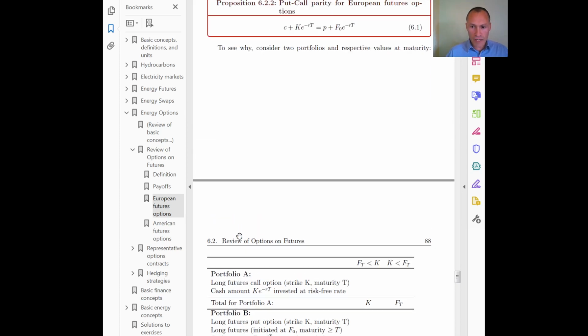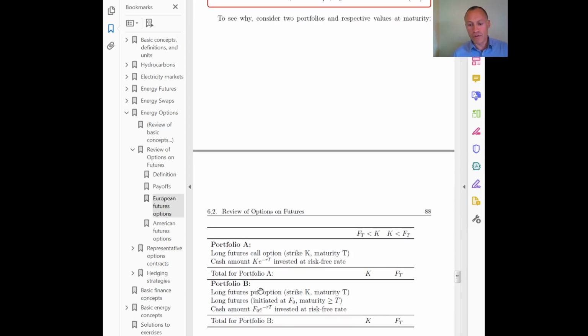Suppose you also have a cash amount like this invested at the risk-free rate. So if you have this amount invested at the risk-free rate, when you get here, the amount you have is exactly K. So you get K here. If you add up the two payoffs, you'll see that what you get for portfolio A is this. It is K if the futures ends up below K. It is F if the futures ends up above K.